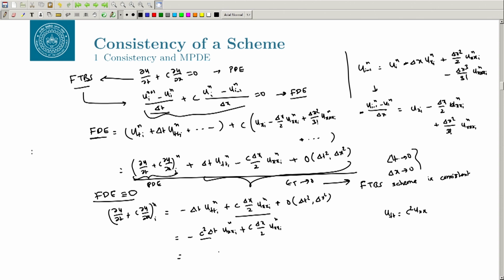Just let me work this out. If I take this c delta x out, this will become 1 minus c delta t by delta x u x x. That is what I want to get, but I am getting a delta x by 2 extra. Let me just work this out, just give me a minute. Mine is u i minus 1 n, so u i minus u i minus 1 n, that will give you the delta x getting down, and this is delta x by 2.